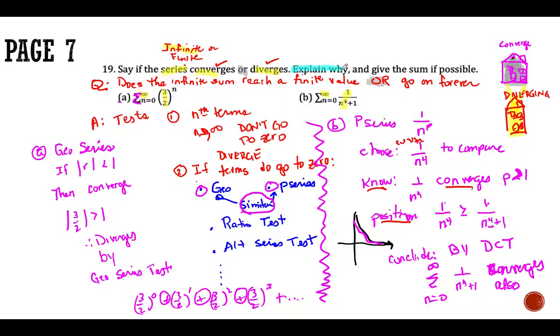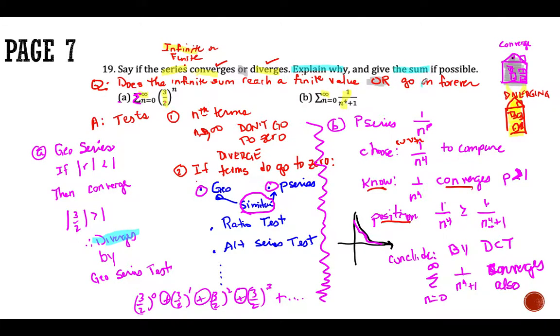I explained why A converged or diverged, right? So I explained that this sum diverged, and I explained why. If the sum diverges, I can't possibly tell you what the sum is. I don't reach a finite value.